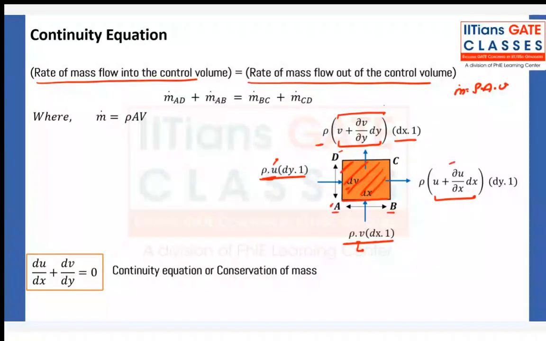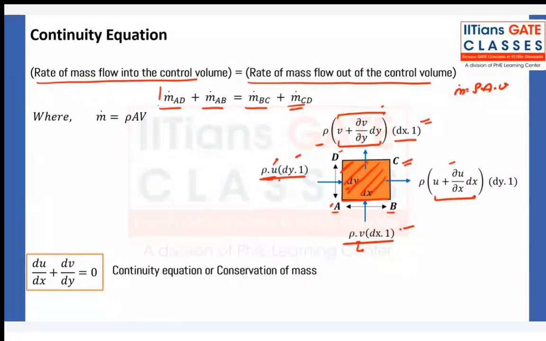Flow is coming in from AB and AD, and going out from BC and CD. So we simply substitute all these equations here.